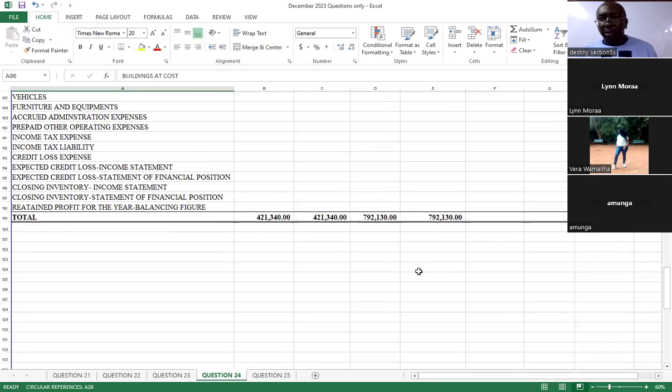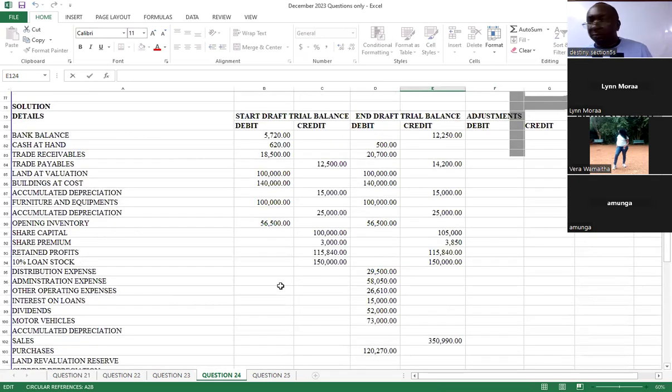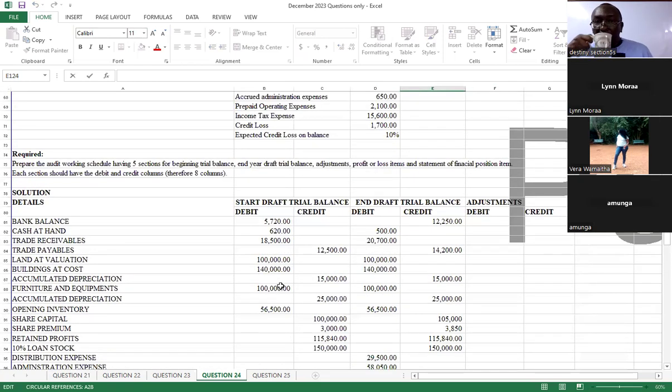Good. So we are good at that point. So that one is completed. Let's now go to the adjustments. We see what happens with the adjustments. So let's look at the additional information.